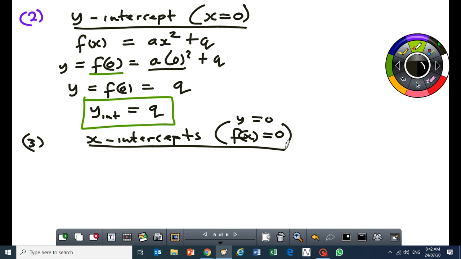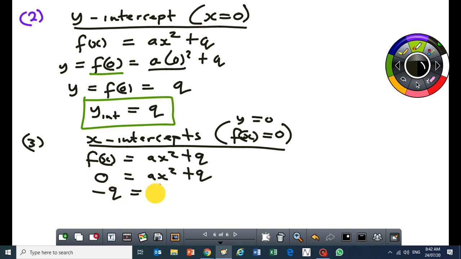Now, to find your x-intercepts, you need your knowledge of quadratic equations. If the general equation is f of x equal to ax squared plus q, I need to substitute f of x by 0, then I'll get x. I hope you are following. Then I take the q to the left, so we get minus q equal to ax squared.